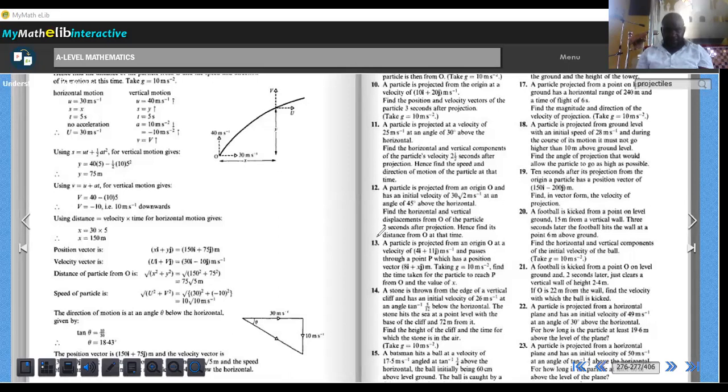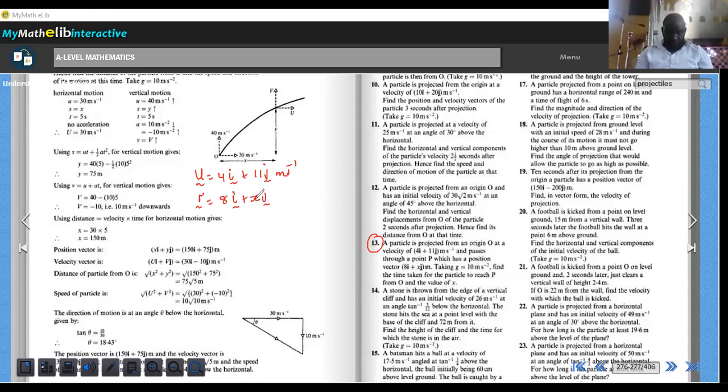It's right here. A particle is projected from an origin O at a velocity of 4i plus 11j meters per second and passes through a point P which has a position vector 8i plus xj meters, taking g being 10 meters per second.